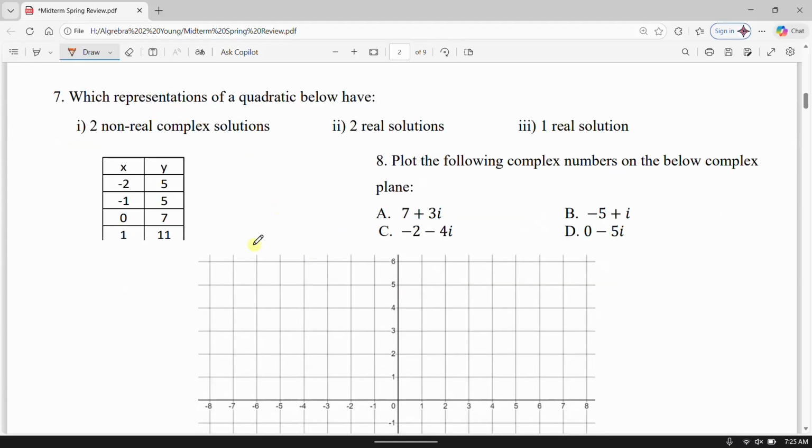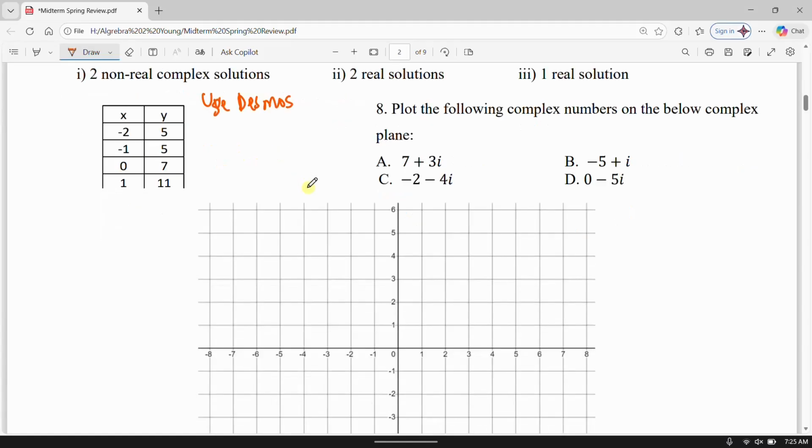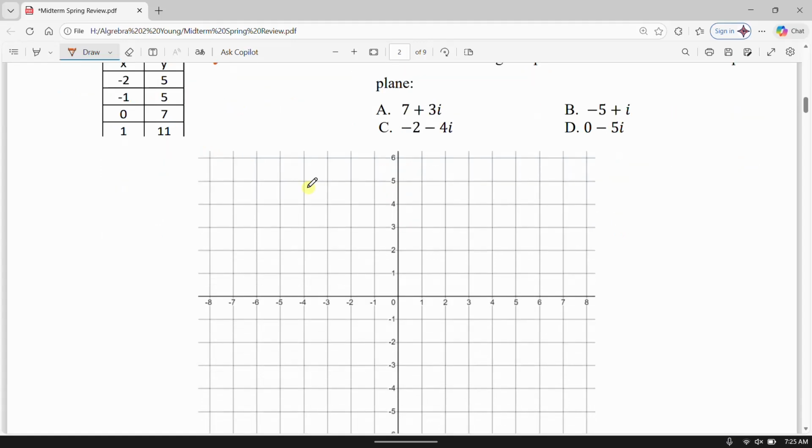So number 7, use decimals. Number 8. So number 8, this x-axis represents the real number, and this y-axis represents the imaginary part.